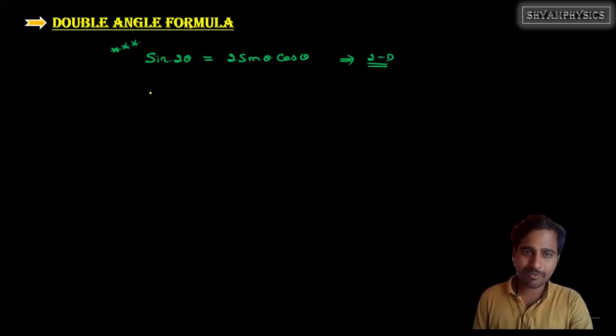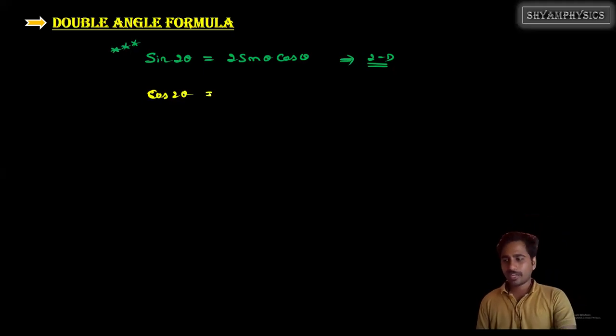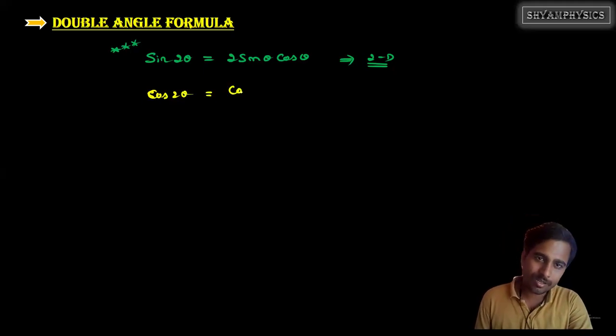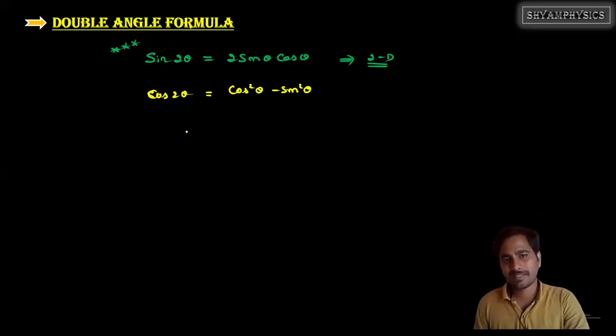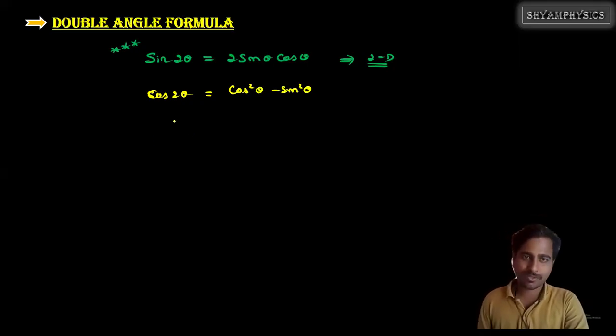In a similar way, if I want to write cos 2 theta, cos 2 theta can be written as cos square theta minus sine square theta. And it also has one more formula. Cos 2 theta can be written as 1 minus 2 sine square theta.